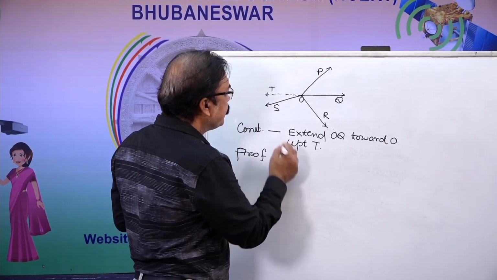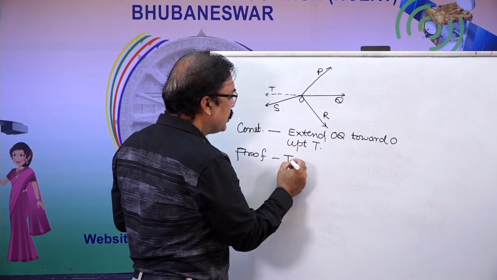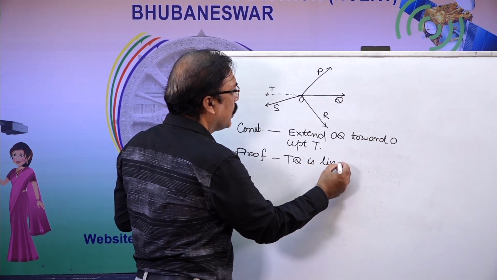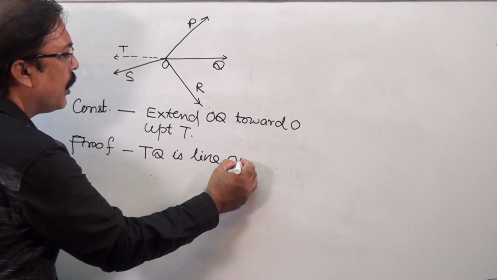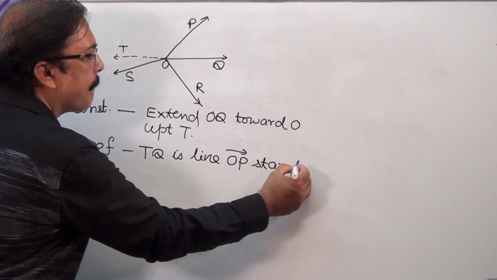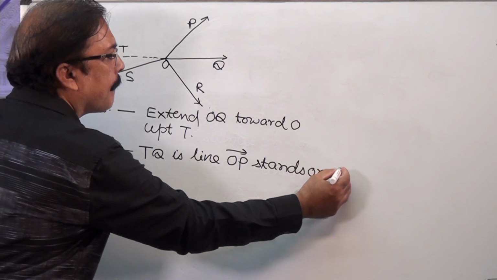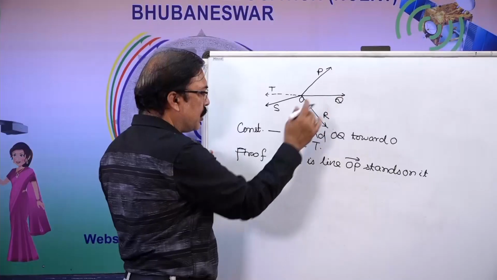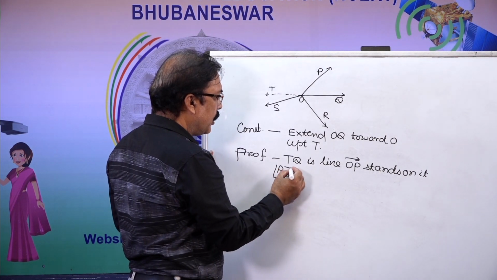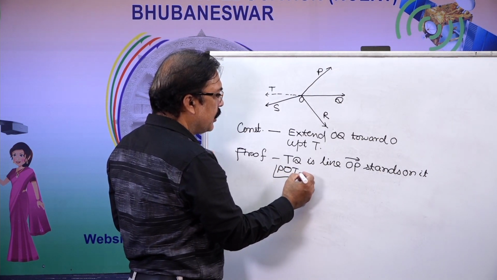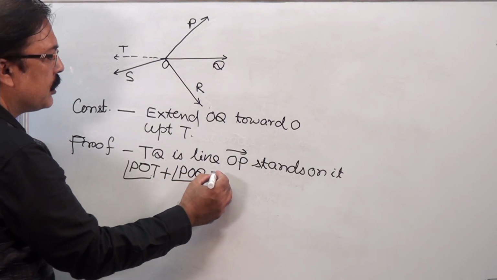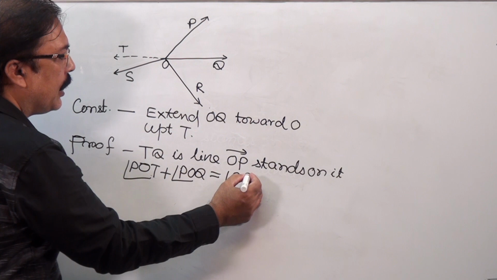See, TQ is a straight line and OP ray stands on it. As OP ray stands on it, we can say that angle POT plus angle POQ is equal to 180 degrees.